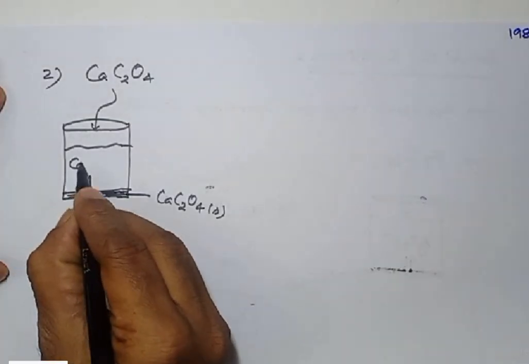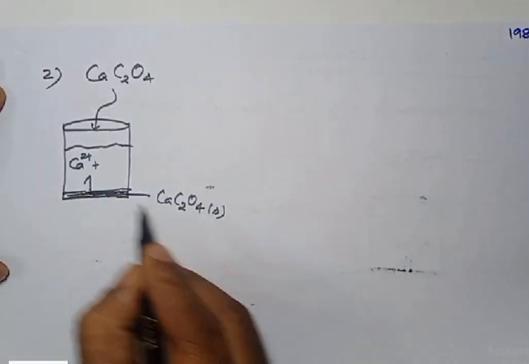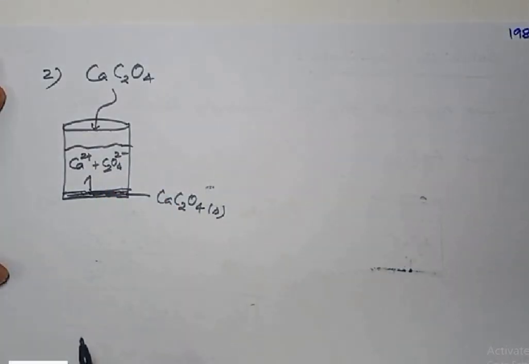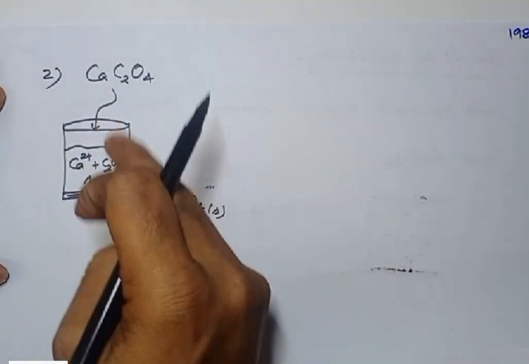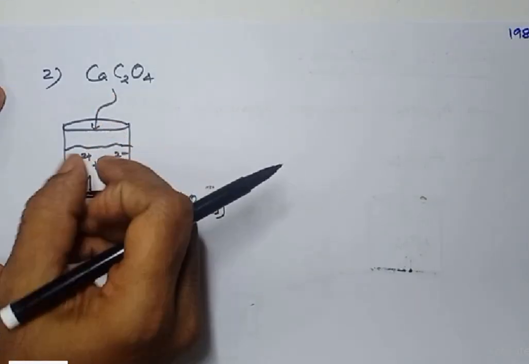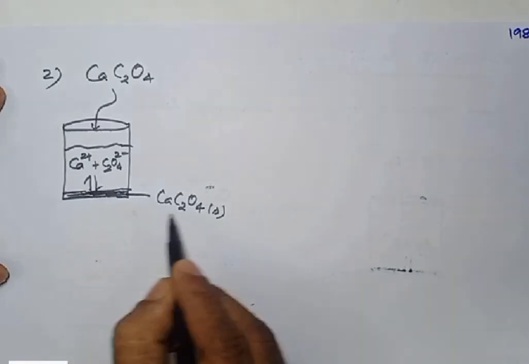You will get calcium ion and oxalate ion, C2O4 2 minus. Initially this process will occur, then after some time the two ions recombine and start to form calcium oxalate.